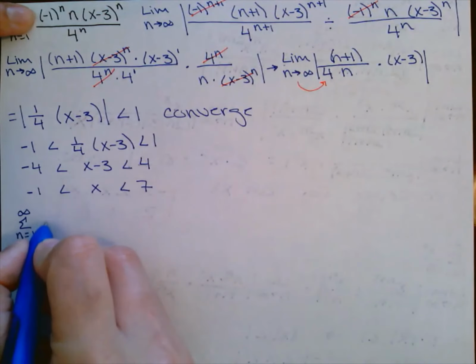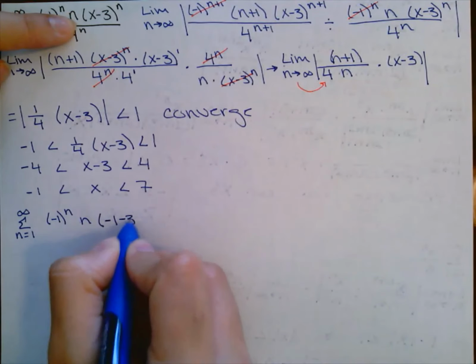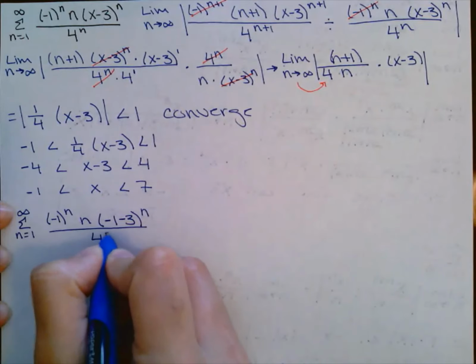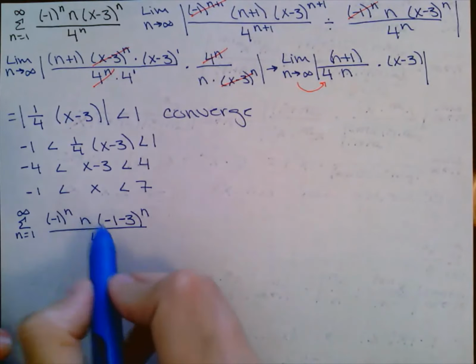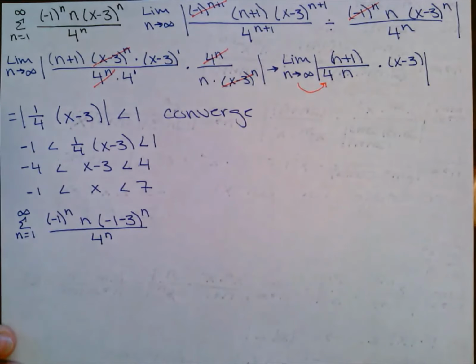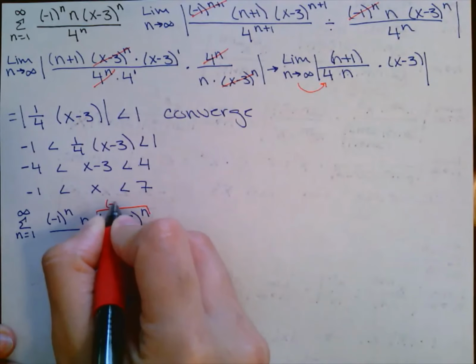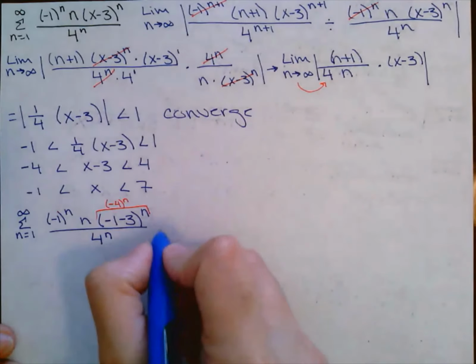So this part stays the same. And then this becomes -1 minus 3 raised to n over 4 raised to n. -1 and -3 make a -4. So this portion right here is going to become a -4 raised to n. Now that portion can be rewritten as well.